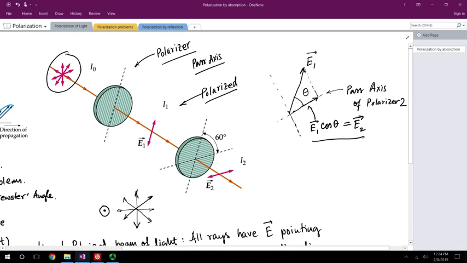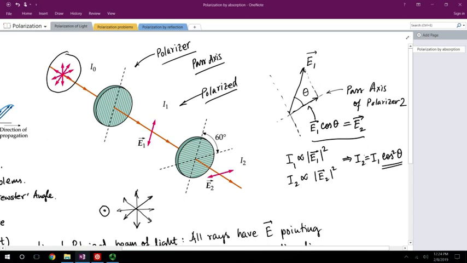Now what does this mean for the intensities? Remember, the intensity of light, I, is proportional to the absolute value squared of the electric field. So I1 is proportional to E1 squared. Similarly, I2 is proportional to E2 squared. This means that I2 is equal to I1 multiplied by cosine squared theta.